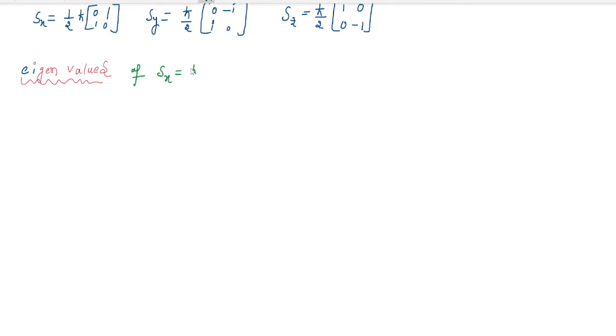Sx is equal to h cross divided by 2, 0 1, 1 0, right?